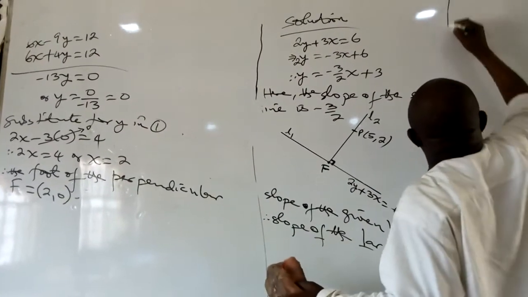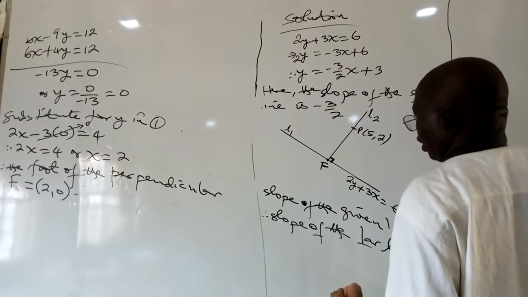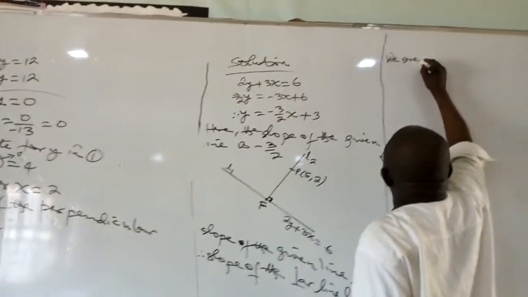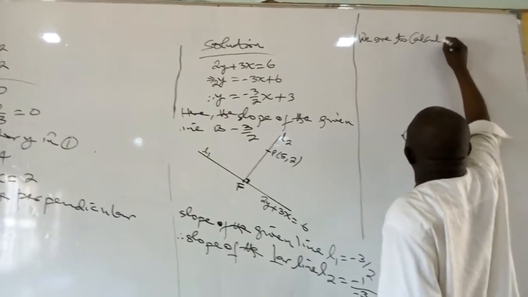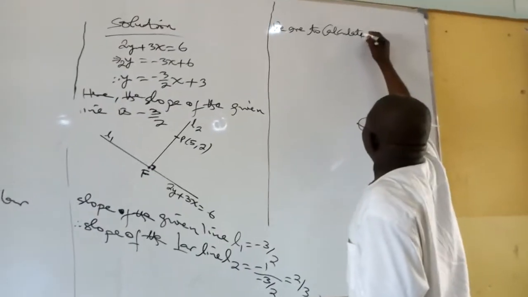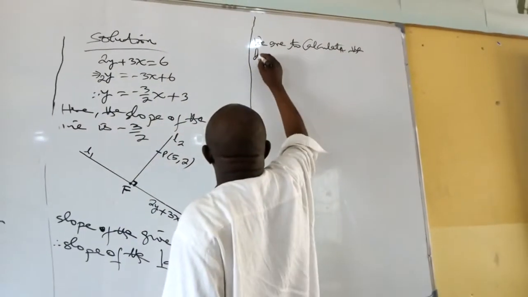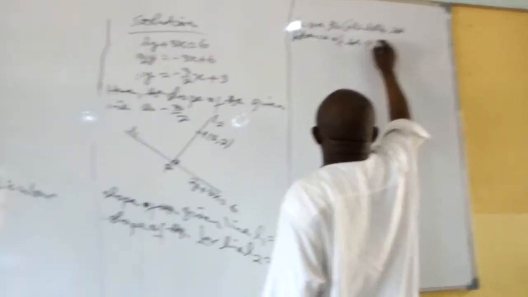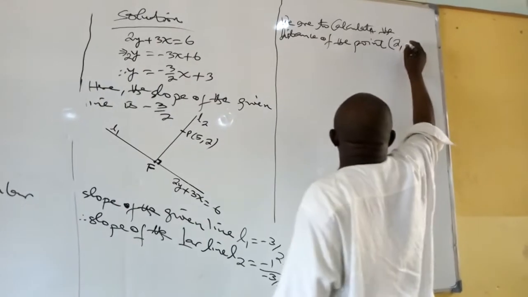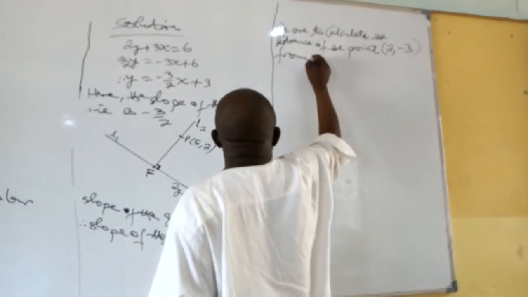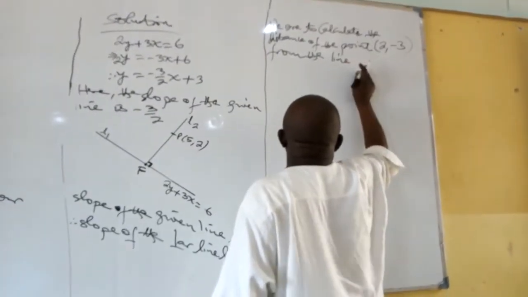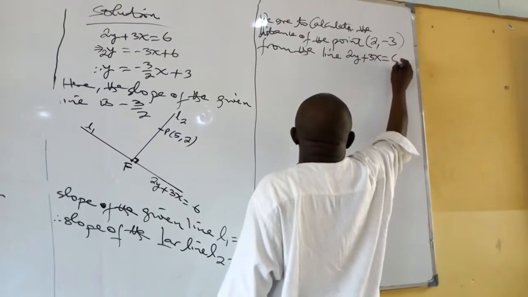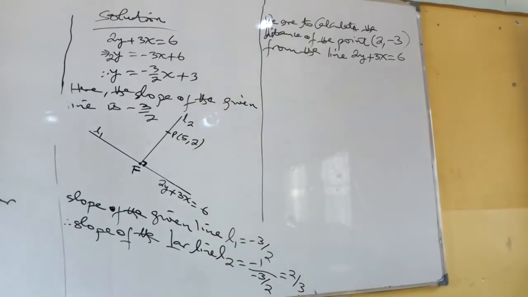We are now to calculate the distance of the point (2, -3) from the line 2y plus 3x equals 6. That is the question. So what do I do?